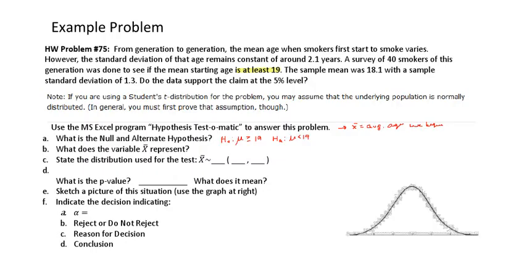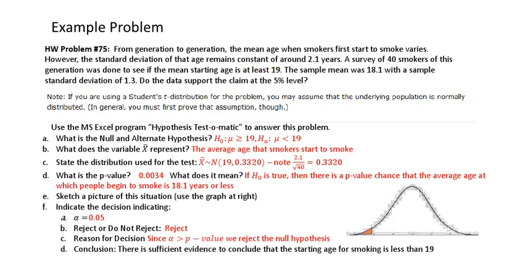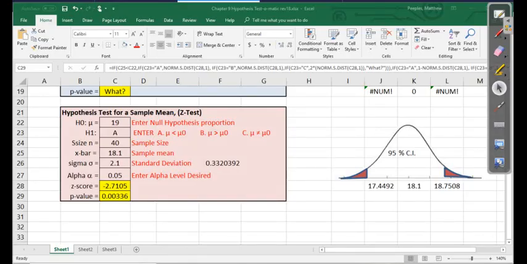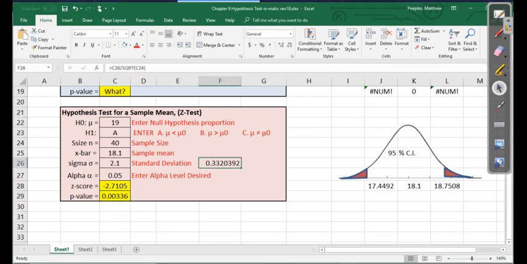All right. So what could we say then? Well, let's go back to our sheet right here and work this out. The average age that smokers start to smoke is what we're actually looking at as our reference right here. And we're going to use the test statistic, 19, and then 0.3320. So in our Excel spreadsheet, this number represents that value.